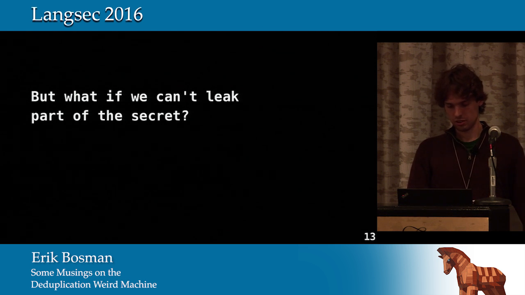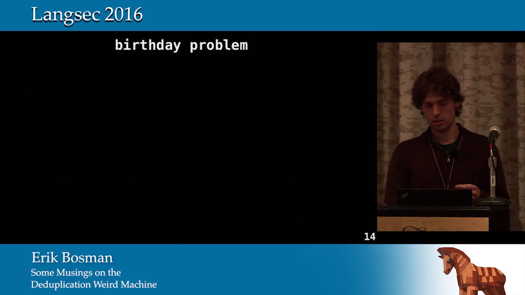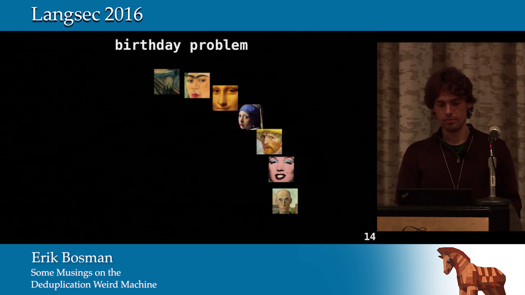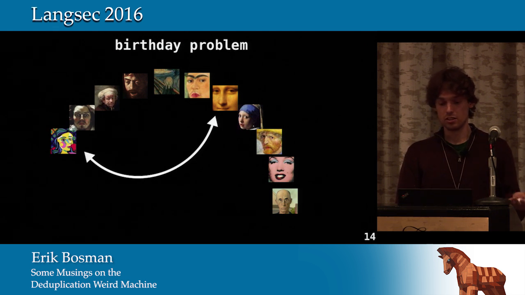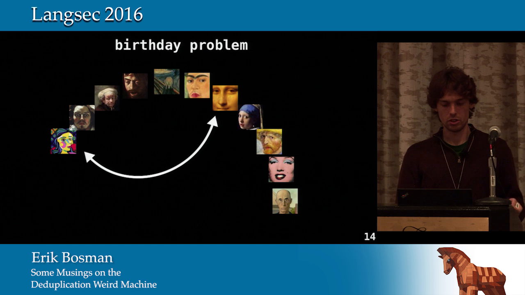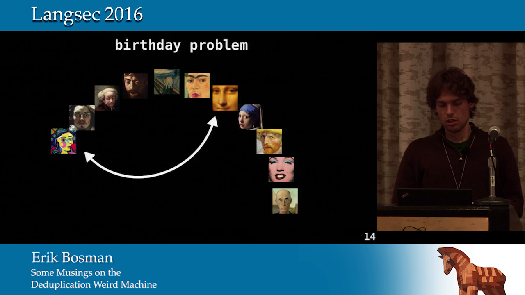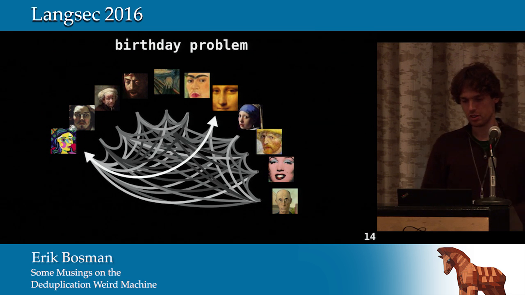But there's another trick which is related to the birthday problem, which is the observation that, given a group of people, the chance of someone having the same birthday as someone else in the group is non-intuitively low. And the reason for this is that you're not comparing one person's birthday with a few other people's birthdays. You're comparing every person's birthday with every other person's birthday.